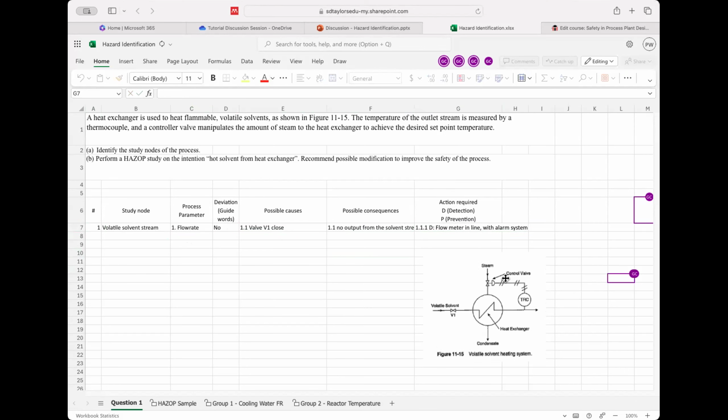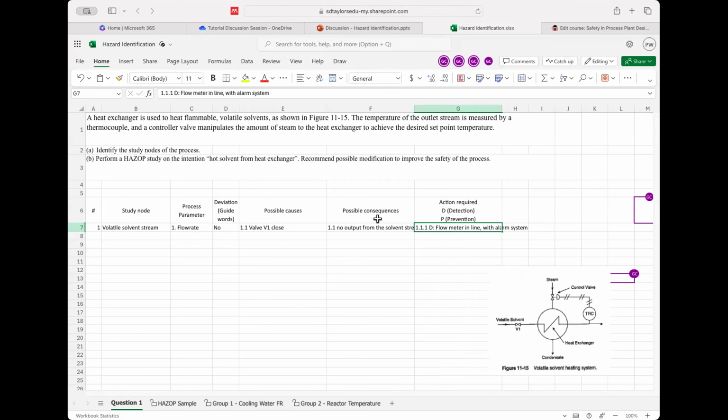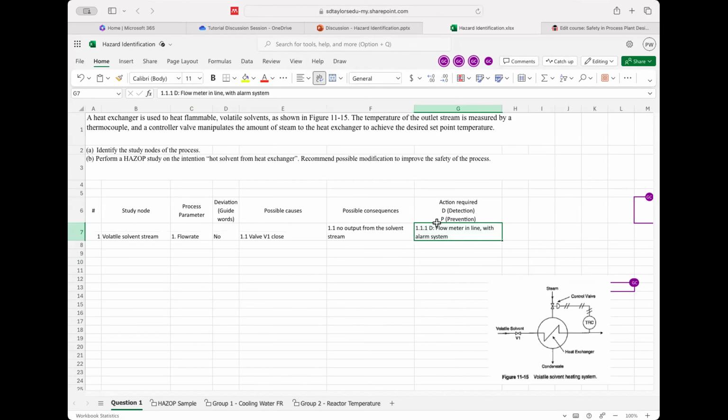You see, over here I put 1.1.1. It means if I want to put more things in here, like 1.1.2, it's still in the 1.1 section, okay? So over here, if I want to have preventions, any way to prevent it?